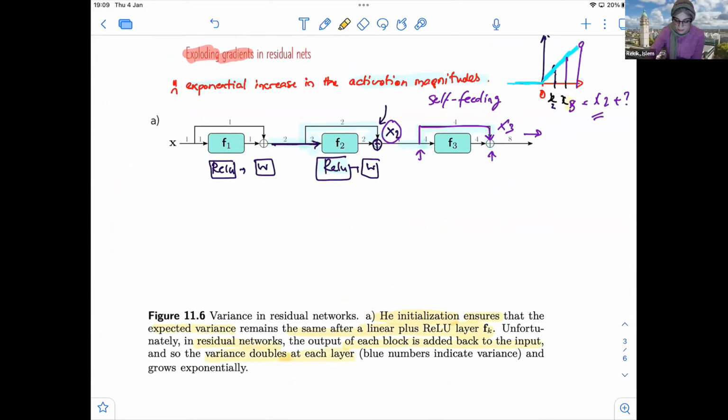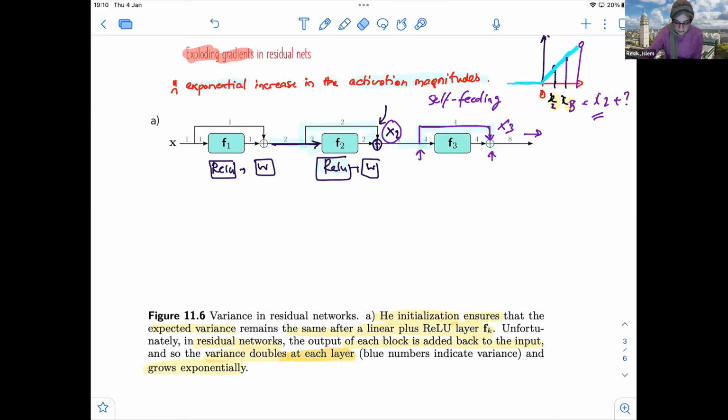Doubling is not very exact, and mathematically it's not perfectly doubling, but it increases, and it's a sort of doubling effect because we're adding the same thing. So let's say the variance doubles at each layer and grows exponentially.